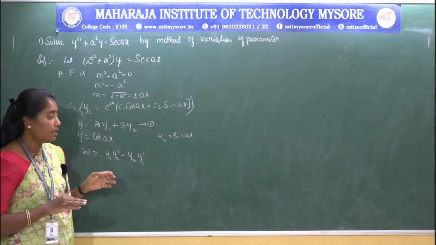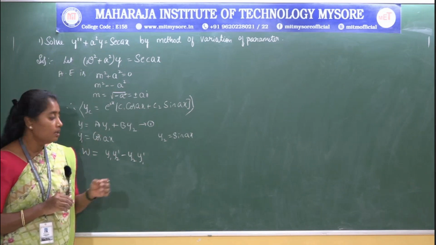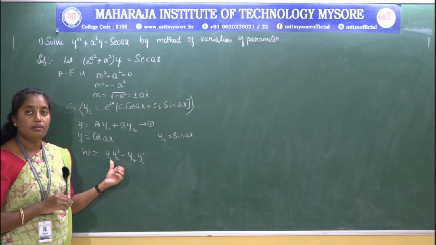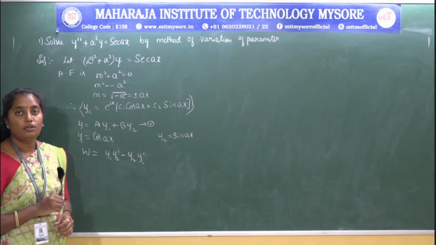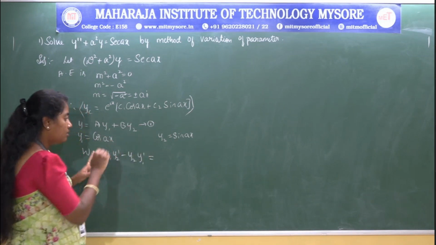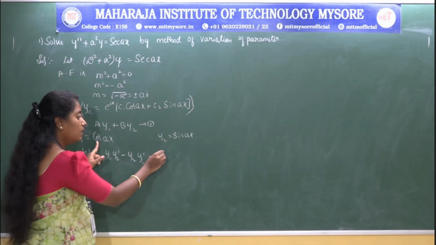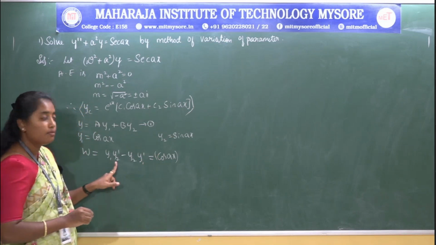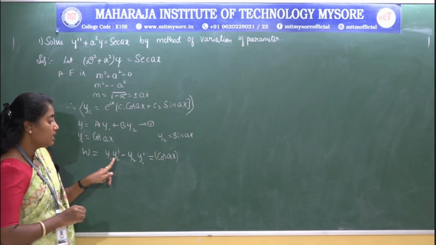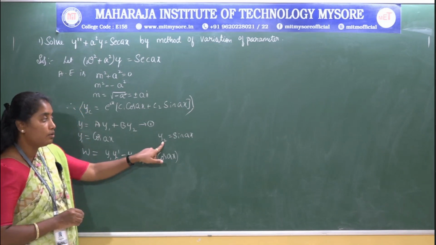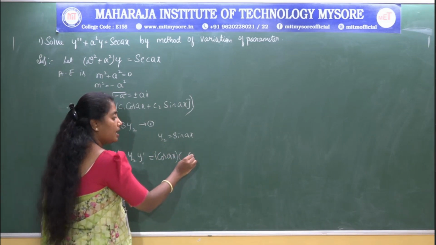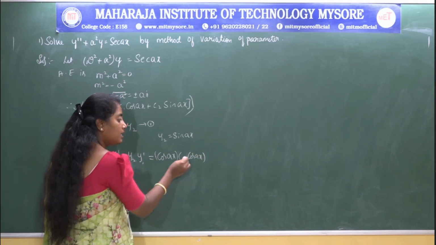As I already explained, after getting y1 and y2, we have to find the Wronskian using the formula y1 y2 dash minus y2 into y1 dash. From the above result, y1 is equal to cos ax, and next we have y2 dash, which is the differentiation of y2. y2 is equal to sin ax, and the differentiation of y2 is cos ax into a.